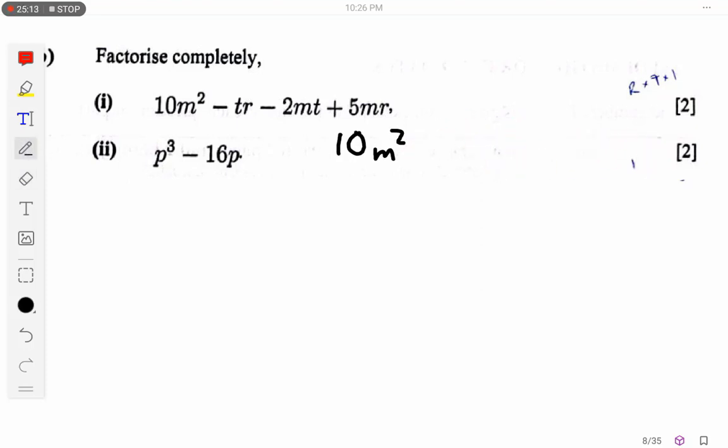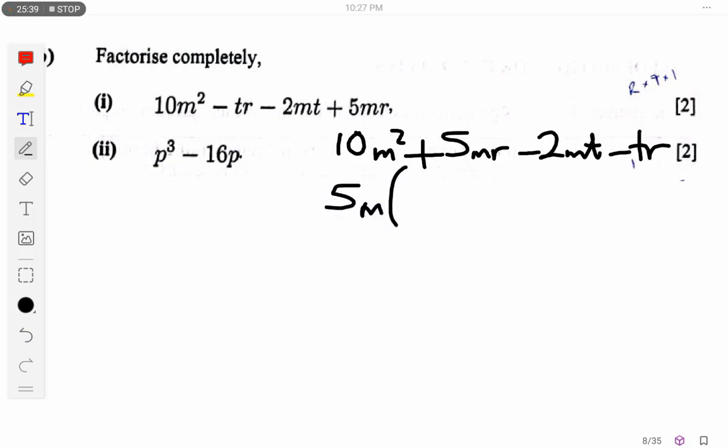Okay, so it's going to be 10m squared, then I'm going to take 5m there, so plus 5mr, then minus 2mt, and then minus tr. Now that makes sense, so that I have an m and m there. Okay, fine. Let's take out a 5m here.